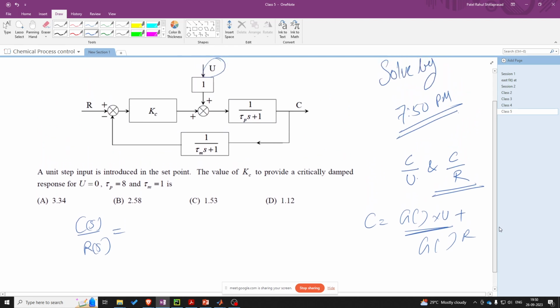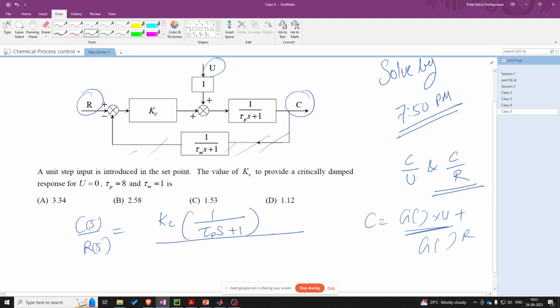So what we will do is consider this block and this block. The first thing is we will write the open loop transfer function, that is in the absence of this block. That will simply be the product of these two transfer functions, that is Kc into 1 upon tau Ps plus 1.